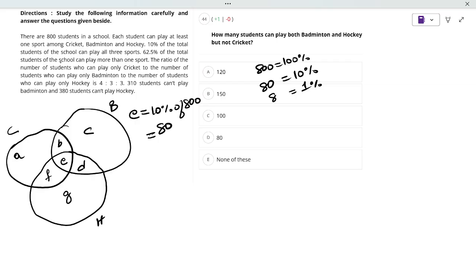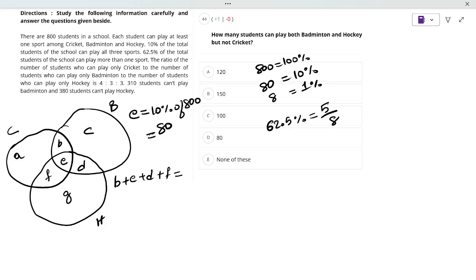Fine. Now here 62.5% of the total students of the school play more than one sport. More than one sport are B plus E. E played 3 sports, but that's more than one sport. D and F. So B plus E plus D plus F is equal to 62.5%, which is nothing but 5 by 8 in terms of fraction.